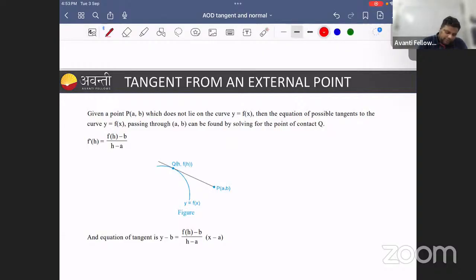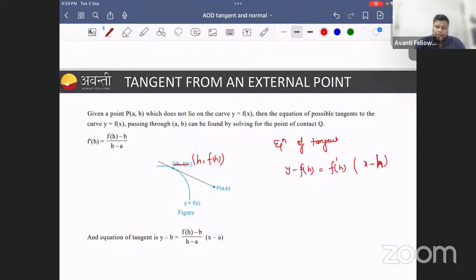Let us assume that this point is h comma f of h. So what is the equation of tangent? Y minus y1, that is f h, is equal to slope of tangent, that is f dash h, into x minus h.